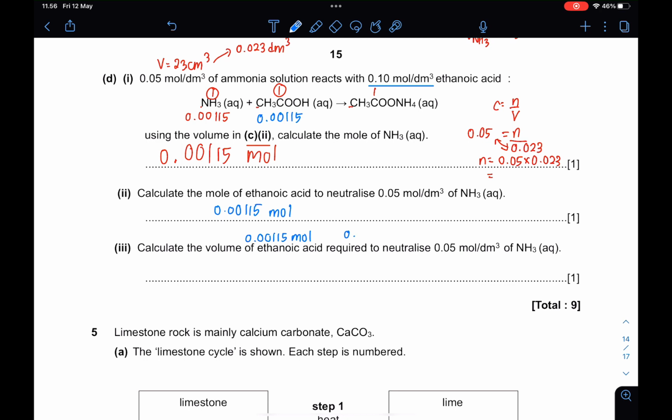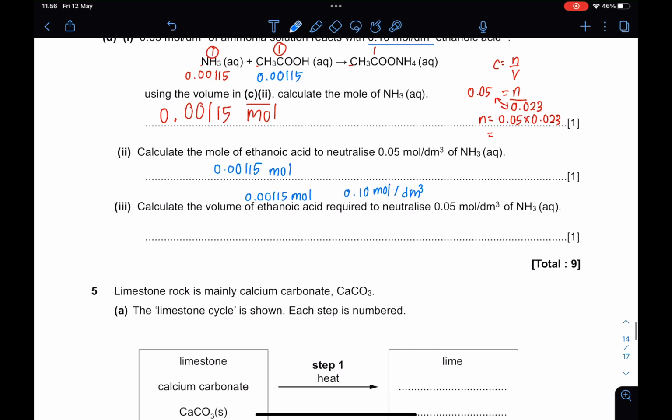So we know from ethanoic acid, if you need 0.00115 mole, and ethanoic acid is given with a concentration of 0.10 mole per dm cube, we want to calculate the volume. So how to do it? Concentration equals number of moles divided by volume in dm cube.